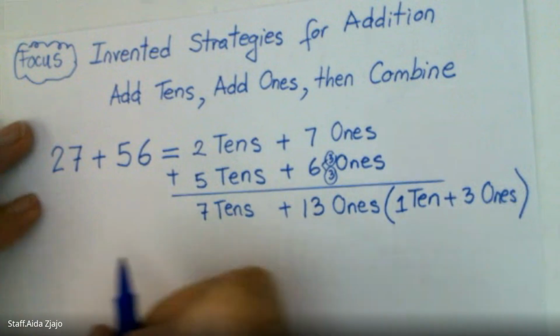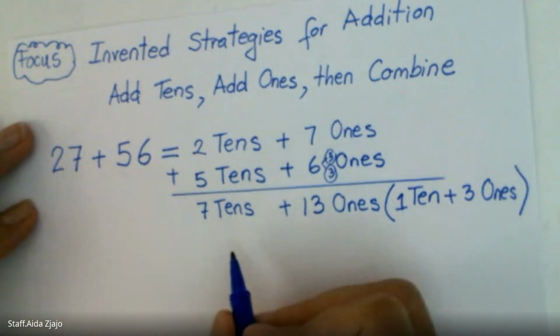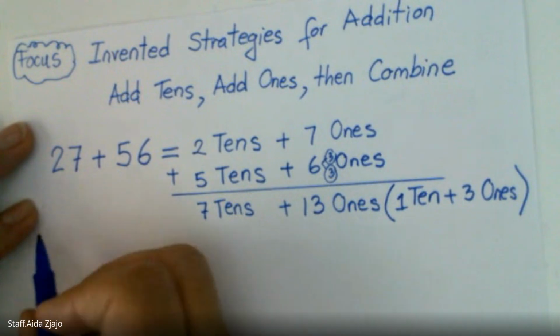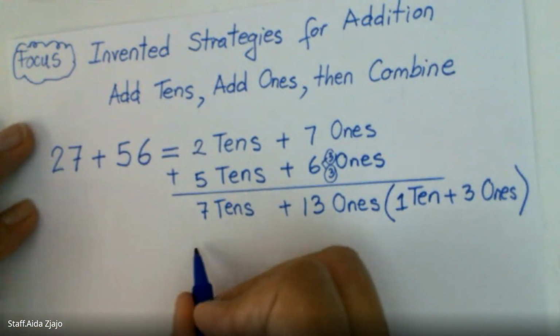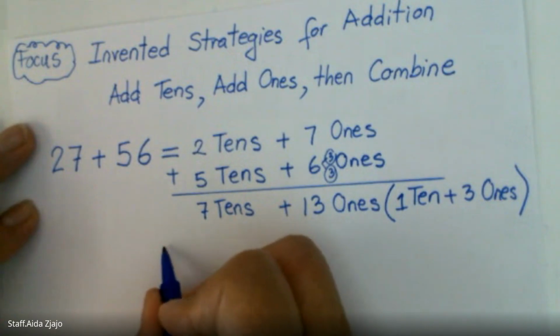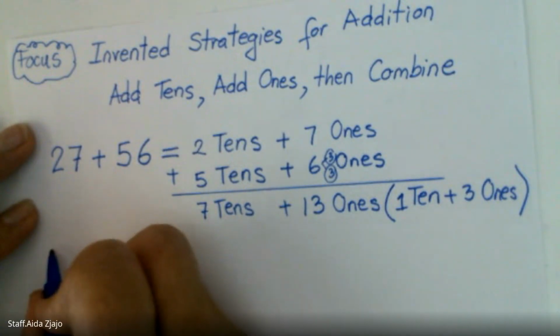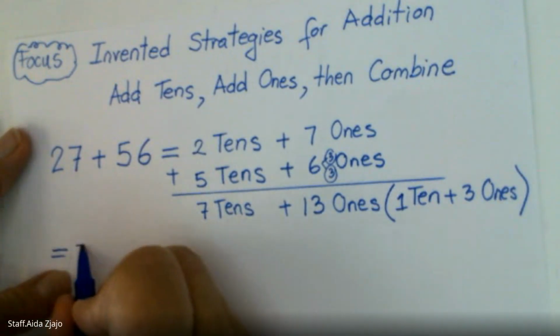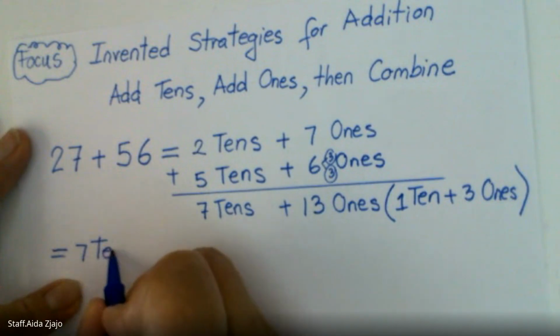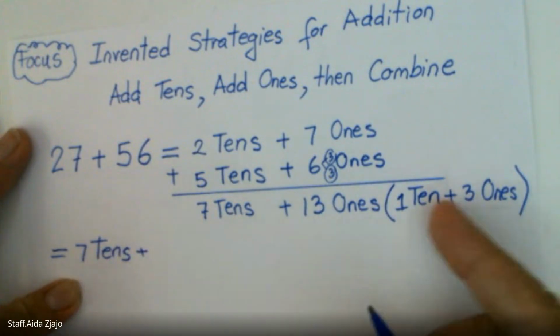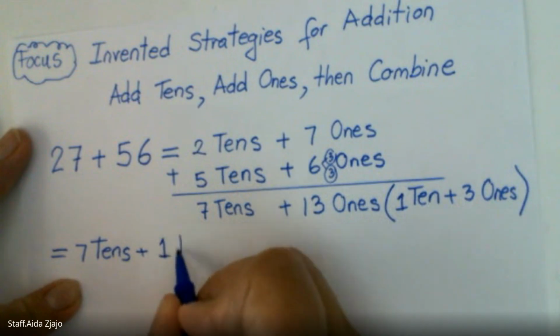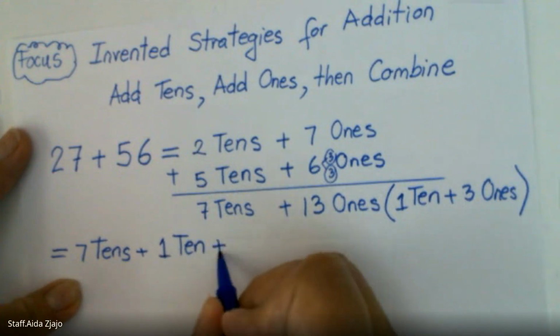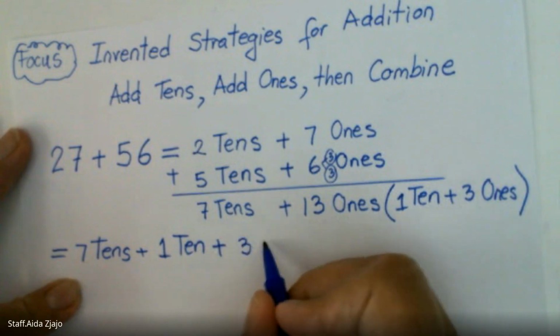So together, this equals 7 tens plus 1 ten plus 3 ones.